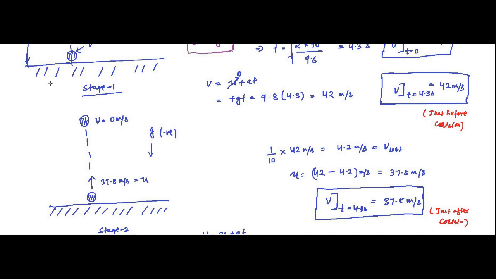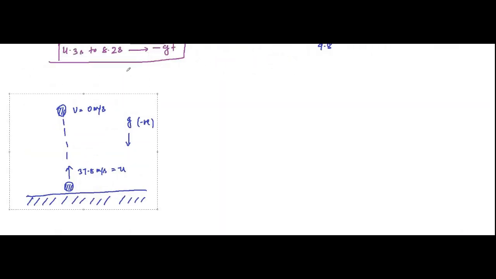So if I copy this portion of the diagram, which will be stage 3, I will try to make you understand. Here the velocity with which it went upwards after the first collision, losing 1/10 of its previous velocity, is 37.8 meters per second.